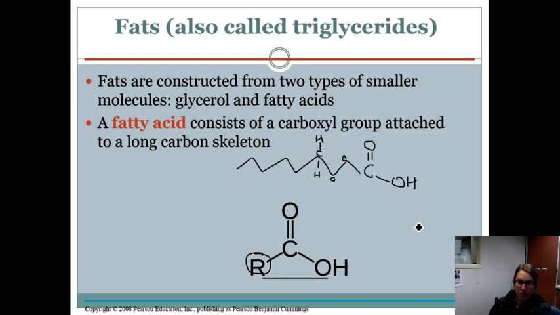So a fatty acid could look like this, or you could have one that's longer or shorter, or one that's got some double bonds in it. But that R just means there could be different things there. So we said a fat has two parts. It's got the glycerol and the fatty acid. A fat is also called a triglyceride.